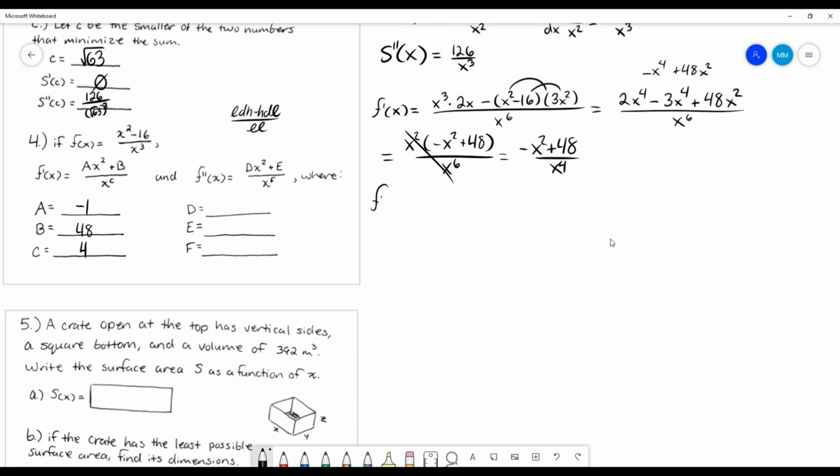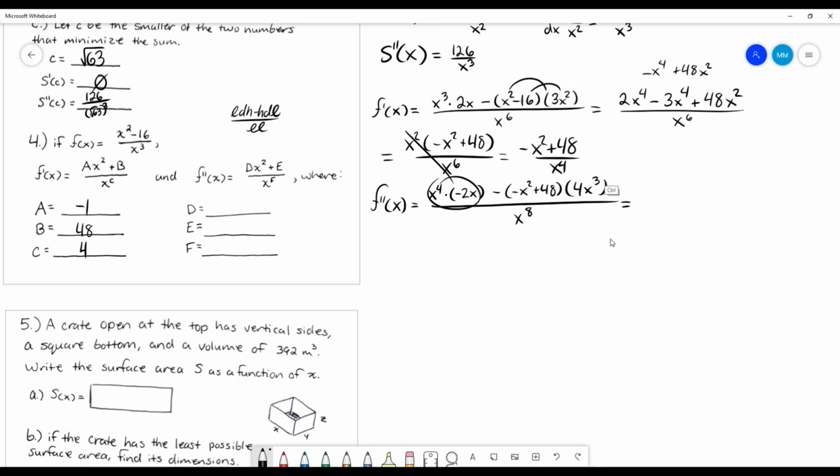So again, that low d high minus high d low over low low. So our low term, x to the 4th, times the derivative of our high term, which is going to be negative 2x, minus the high term, times the derivative of our low term, over low low. Again, go ahead and distribute that out.